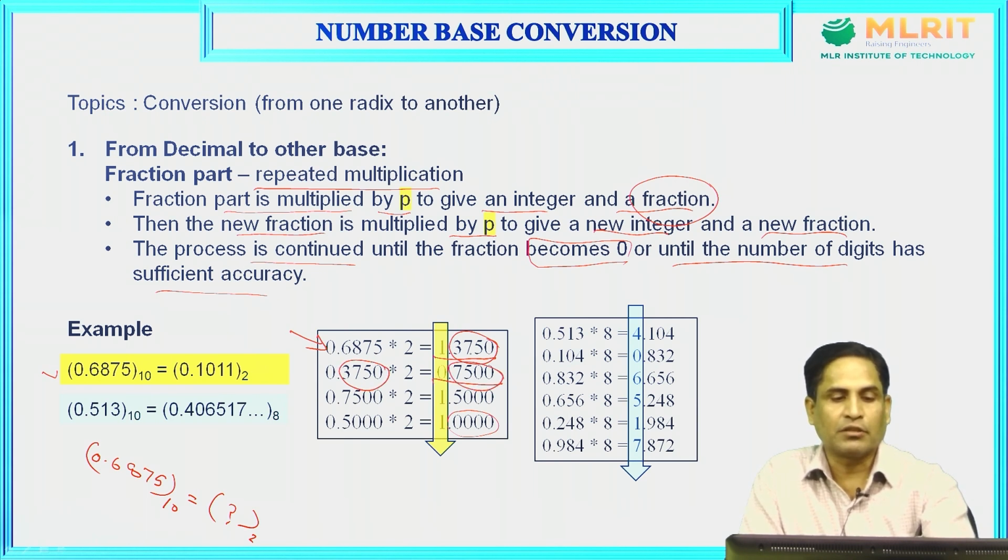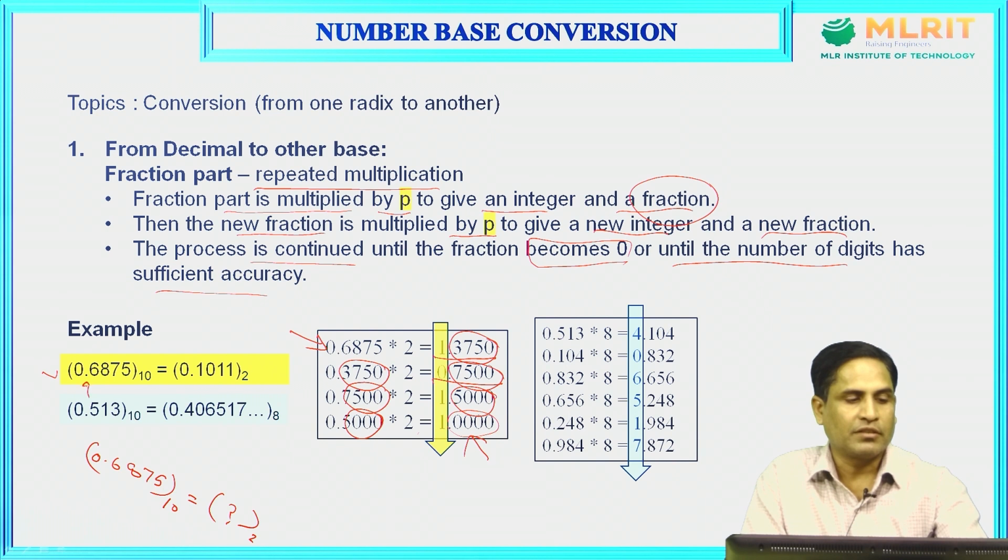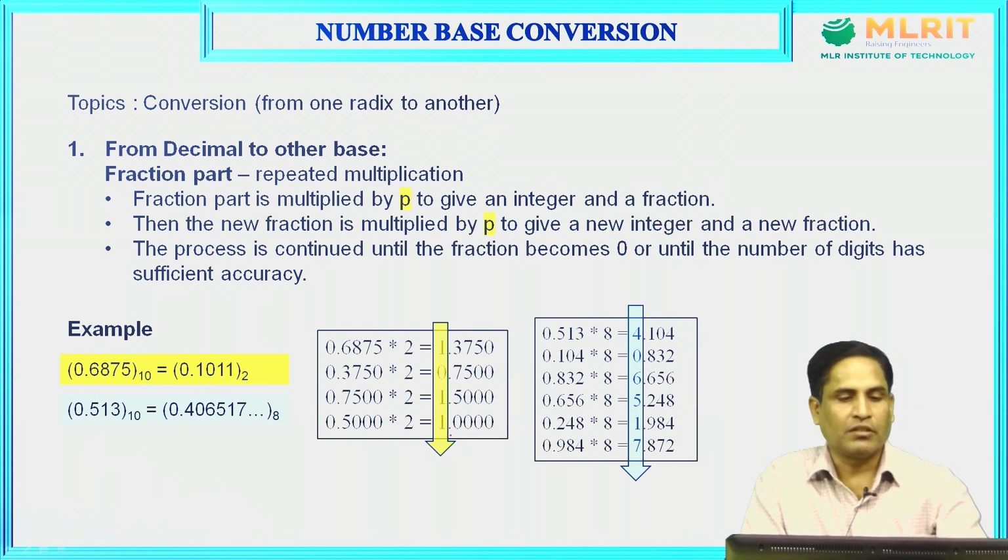Again we take 0.7500, multiply again, and then 0.5000 multiplied by 2, the fractional part becomes 0, and the answer will be 1011 in the top down manner. So the answer will be 0 point 1011.